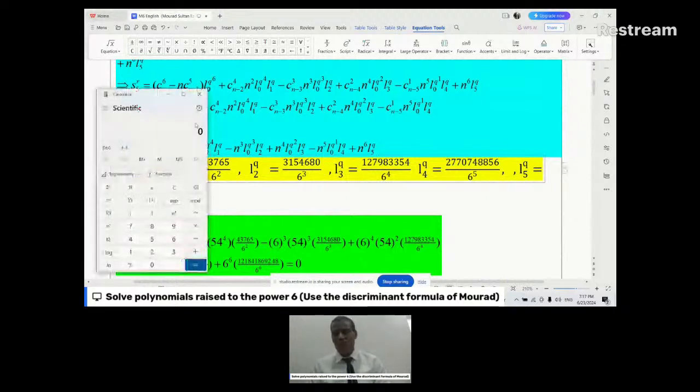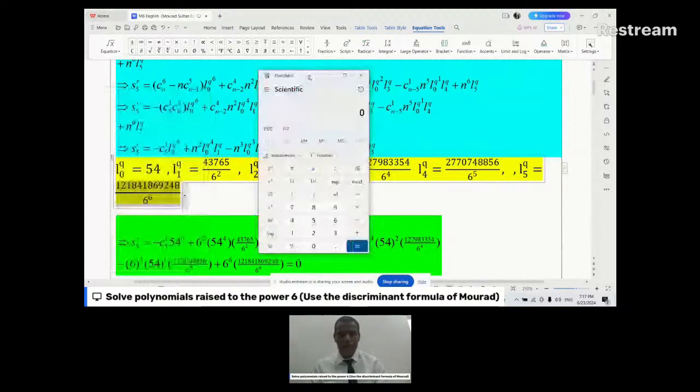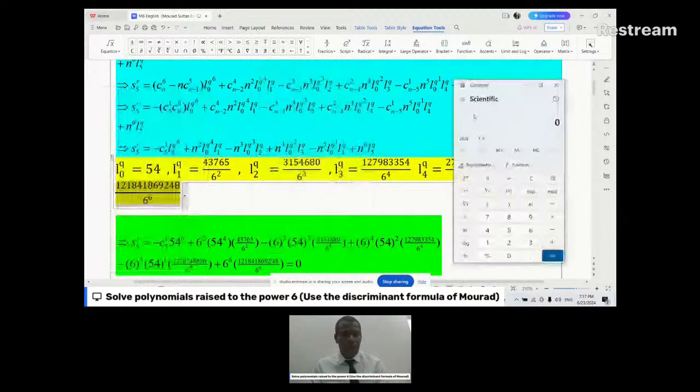Okay, I will do this here. I will calculate it. So we have negative 5. We have 1 choose 5, yes, because this one will give you negative.